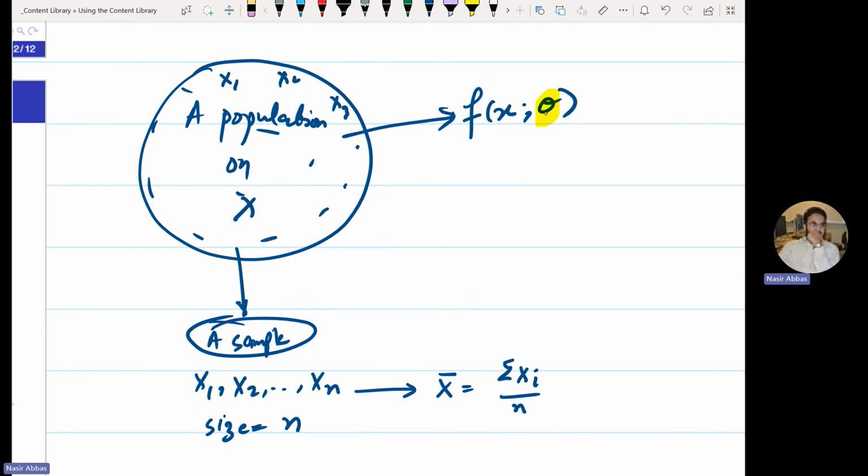Now let me make it specific. Mu. So the density is a function of the population mean. We have that unknown population mean, and to estimate it, we took a sample, and from the sample, we computed the sample mean. Let me make it even more general.